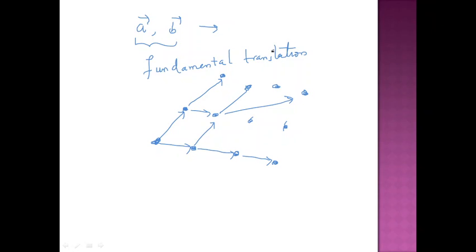In 2 dimensions we will have 2 vectors. In 3 dimensions we will have 3 vectors. So generally we can define the translation vector t as any integer times a bar plus another integer times b bar. If it is in 3 dimensions, another integer times c bar.